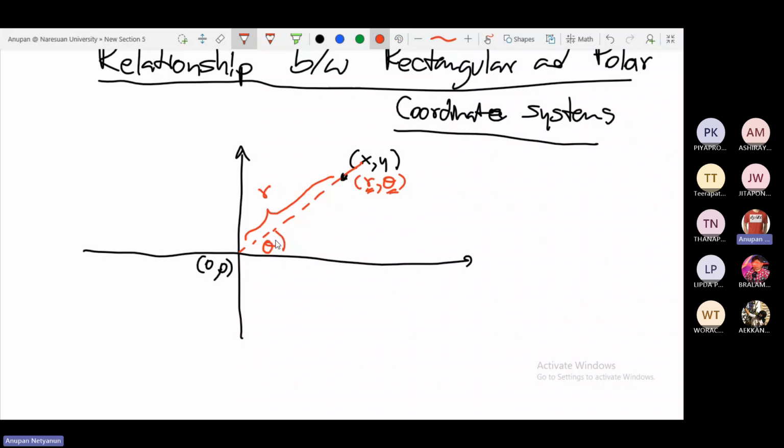Because in order to walk on this line, you have to talk about the angle first to form this line, and then you walk along this line. So when you have polar coordinate, you start from the angle first, and then talk about how much you walk on that imaginary line after you raise the angle counterclockwise or clockwise. Okay.